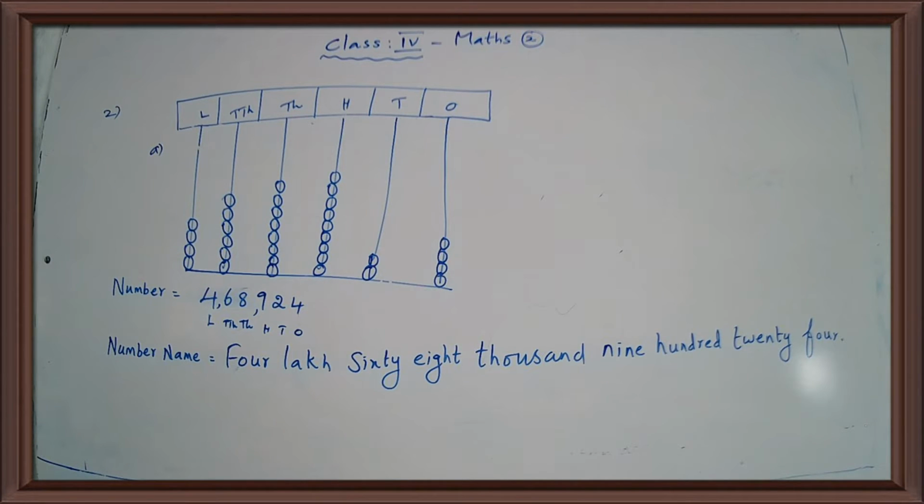Do it fast. Four lakh 68,924. Write the number name also, okay? Write neatly, children. Okay?